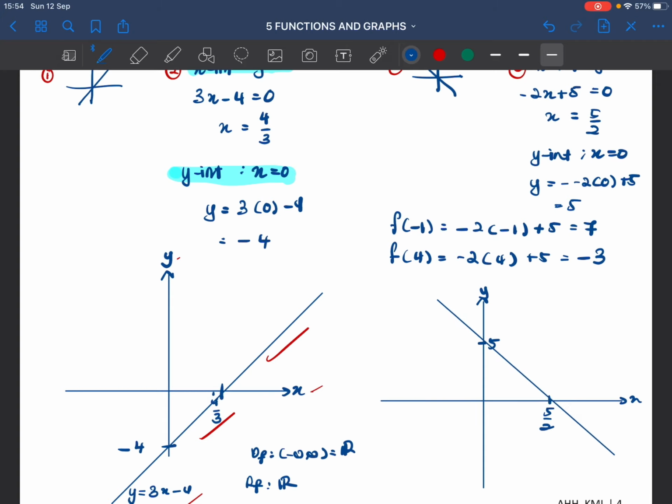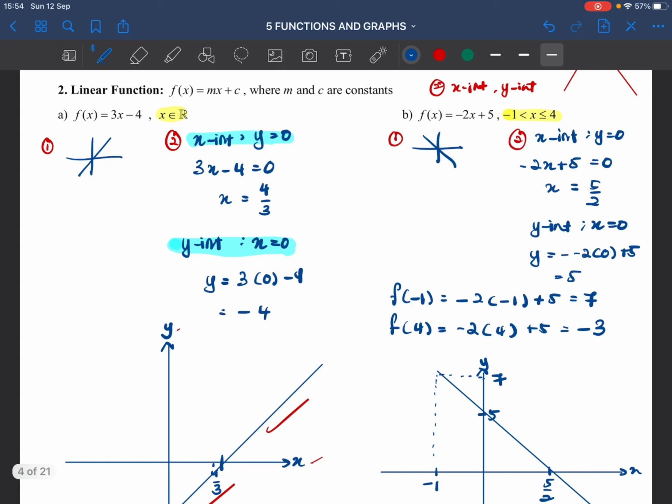Okay, alright. Tetapi sekarang ingat kita ada domain kita. So when x is equals to negative 1, y is equals to 7. Okay, lebih kurang lah 7 dekat sini. Okay, balik semula dekat kita punya yang kita highlight tadi.